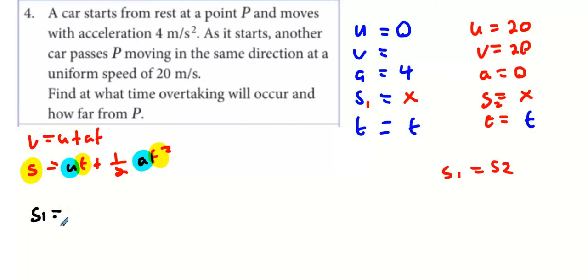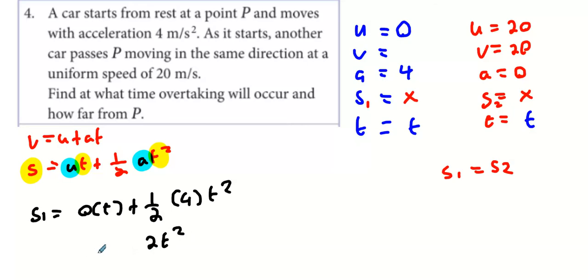S1, so to speak, is UT, which is 0 times T, plus a half AT squared, a half times 4 times T squared. So S1 is 2T squared. What about S2? 20 times T, then what else?